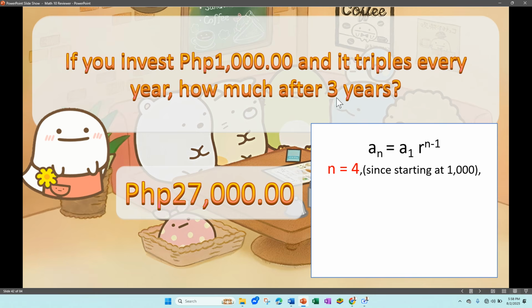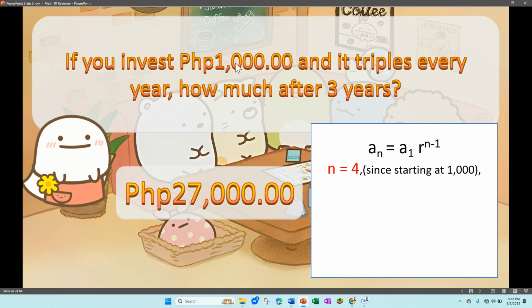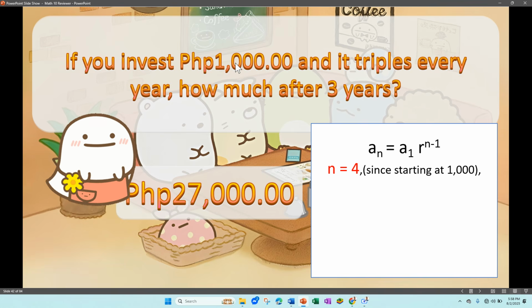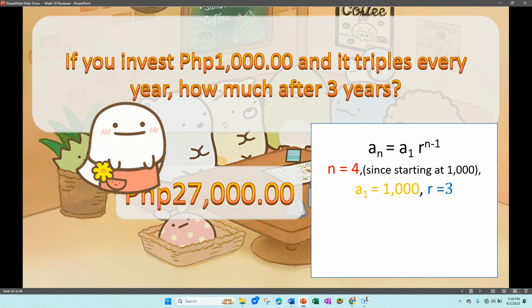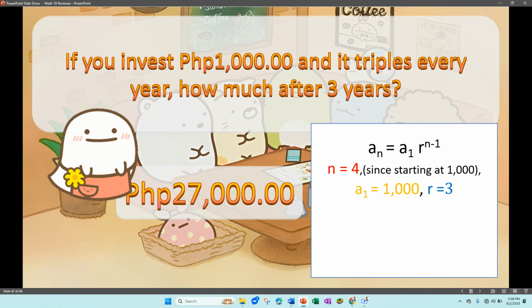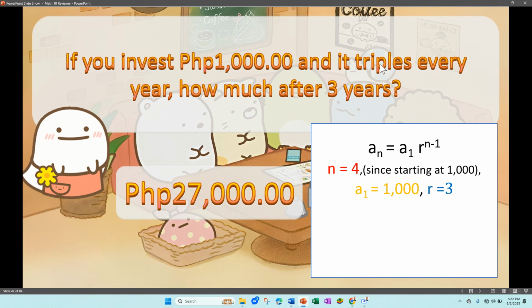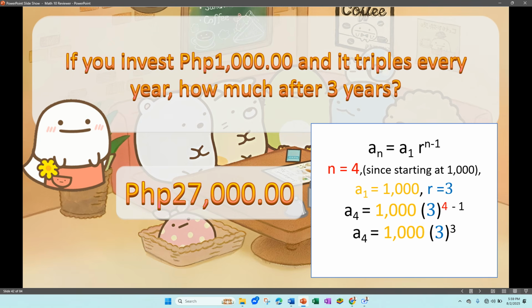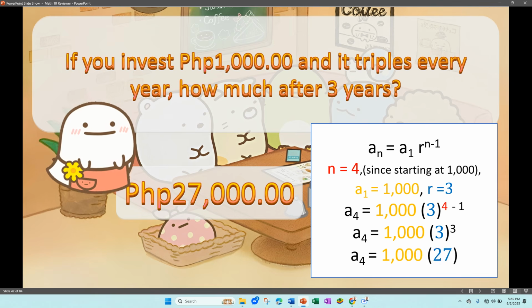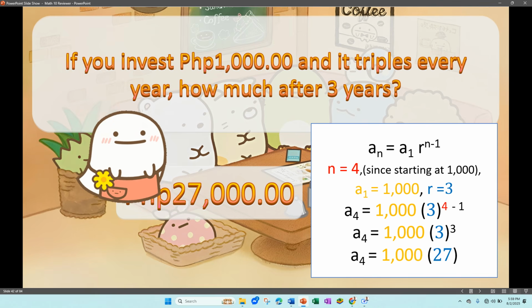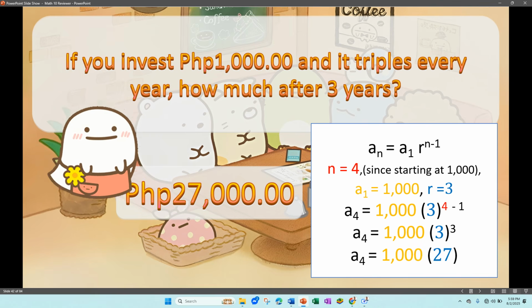So n po natin is 4, kasama na po yung zero year baga. Or a sub 1 is 1,000 and our ratio is 3 because of the word triples. Substitution, do the exponent, 3 raised to 3, then multiply by 1,000 to get 27,000.